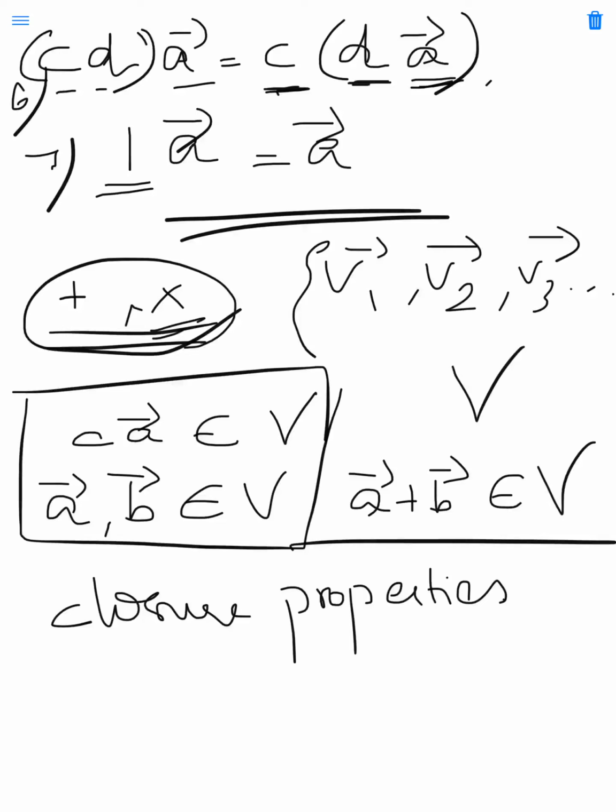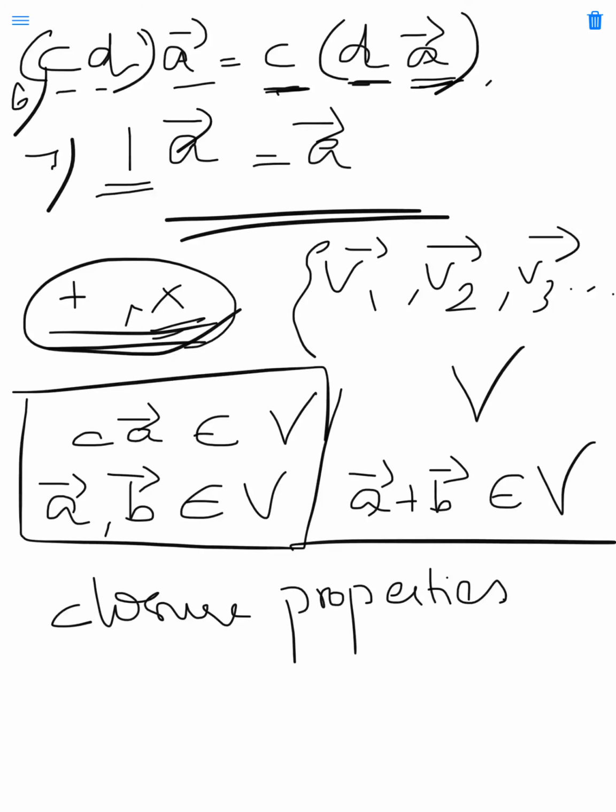The next property is that we consider two vectors. If the sum of the vectors belongs to the vector space, then we can say that they come under the same vector space. So the closure property is an important property of the vector space, which satisfies these two conditions.